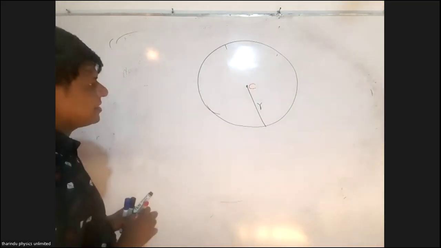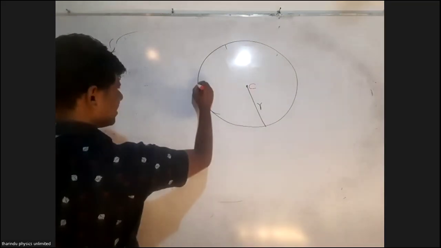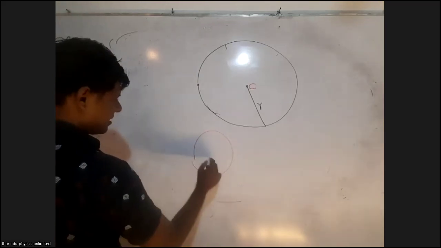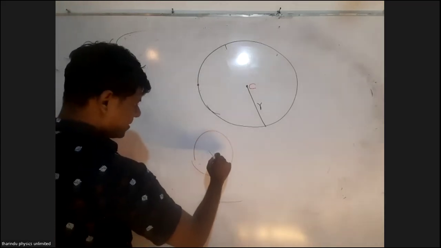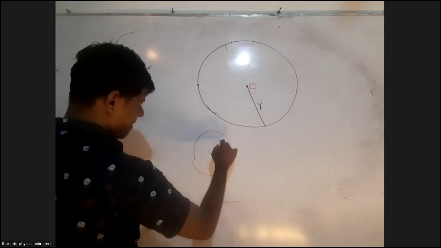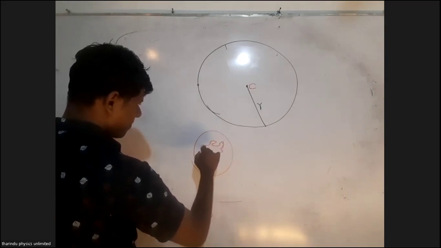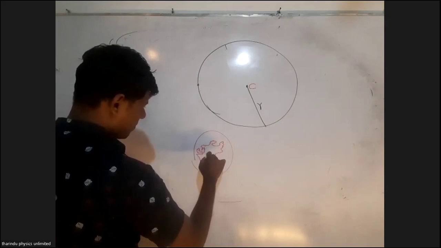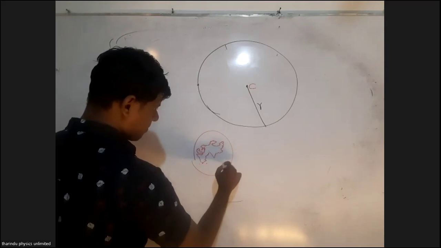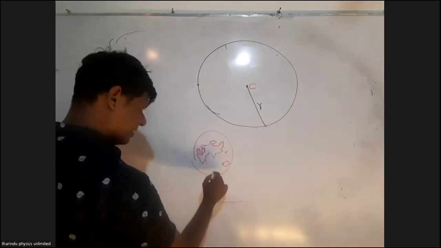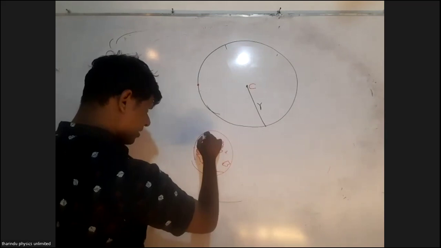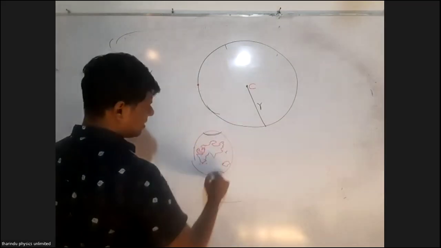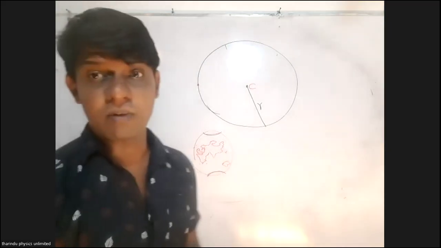If I just consider a certain point cut off, imagine it like a world map. So what do we call these two areas, the upper and lower blackened areas?